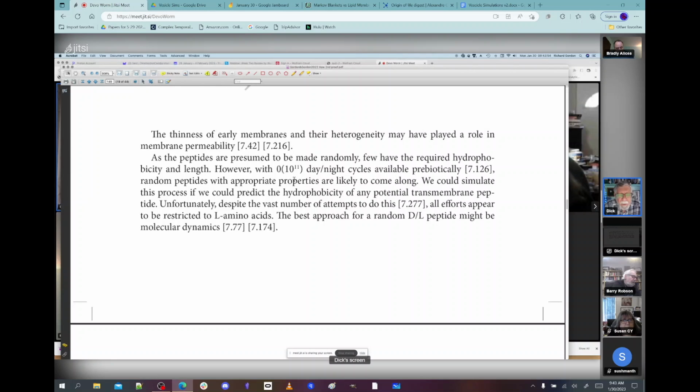So the assumption is that each day-night cycle you might have been able to alternate the temperature, the UV exposure, etc., and this might have led to the formation and growth of the peptides. So the energy source, so to speak, is the spin of the Earth. Okay, so the idea that the peptides keep growing is plausible.